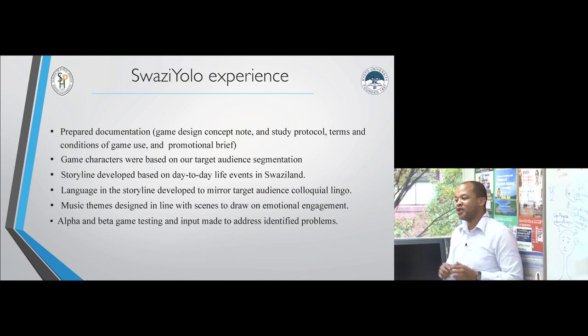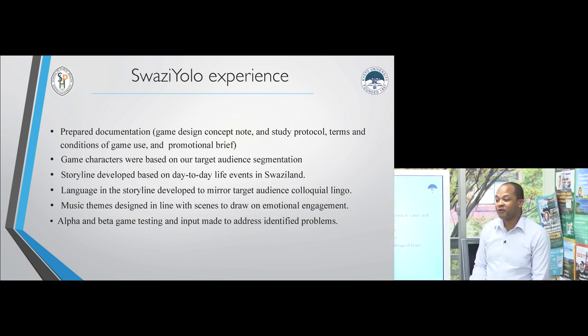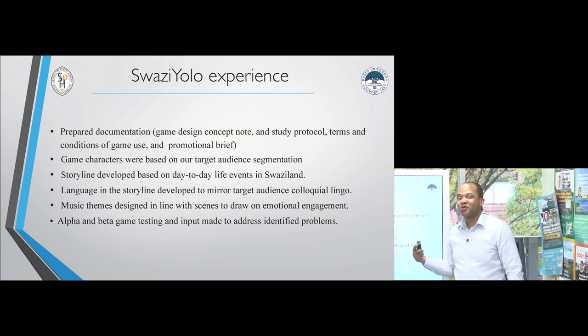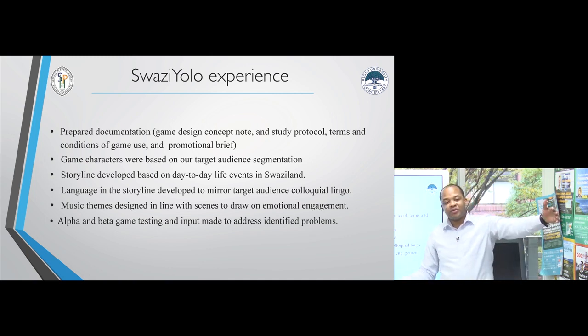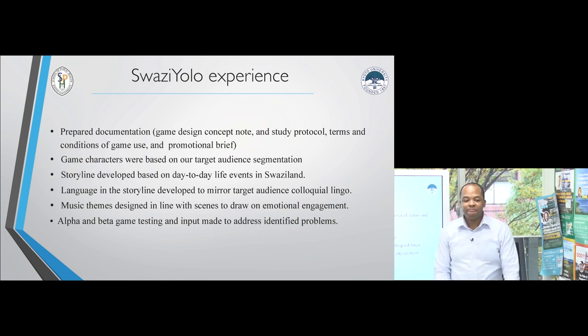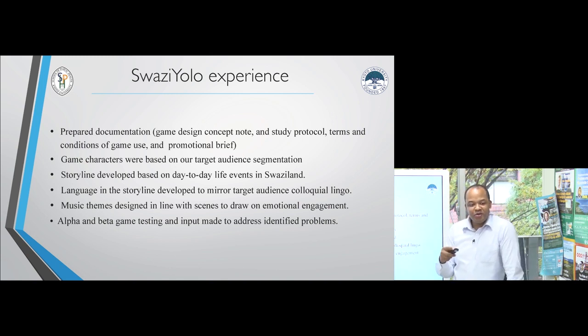So this kind of short lingo that is popular in social media and other online platforms, we needed to learn and actually incorporate in the game, because that's what we learned from the target audience. The first brief, we produced this huge story, properly written language, but it was not so palatable to our target audience.